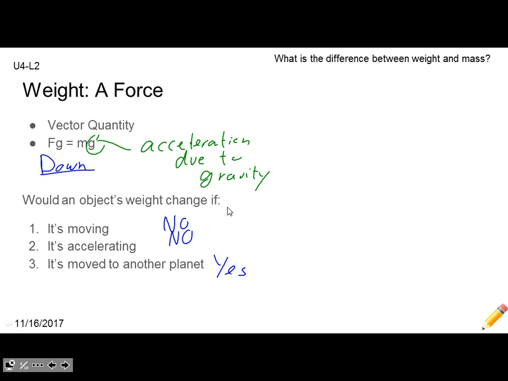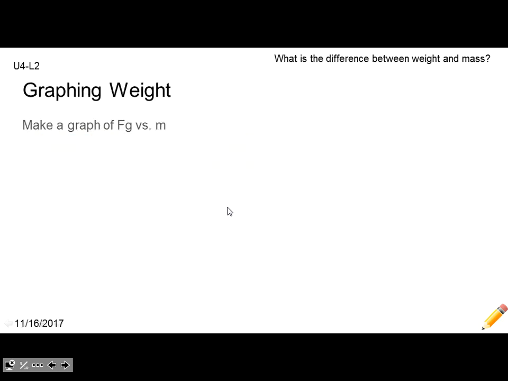Now, when I look at this formula here, I see an opportunity to make a graph. So what I want you to do is, in your notebook, make a graph of force of gravity versus M. What kind of function would that be? I'll give you 2 minutes to do that. So Fg versus M, Fg on the vertical axis, M on the horizontal.